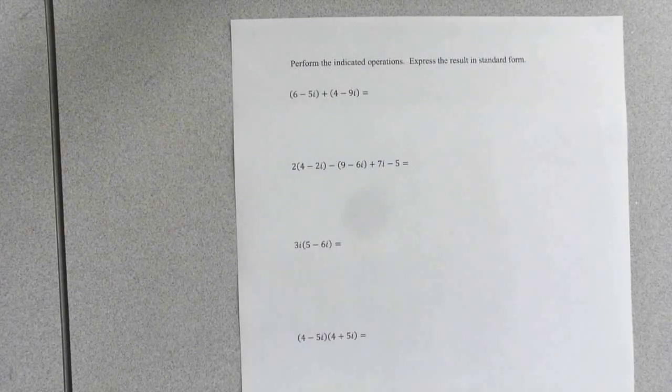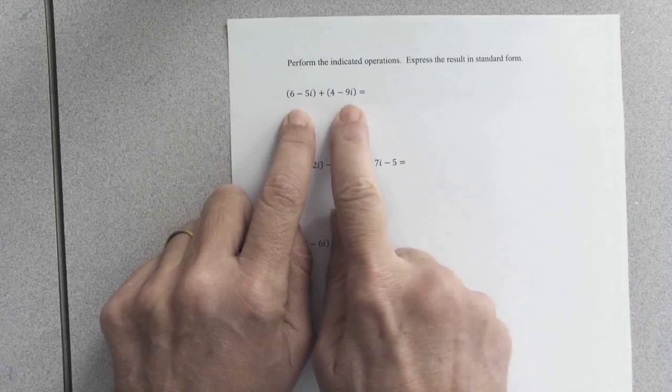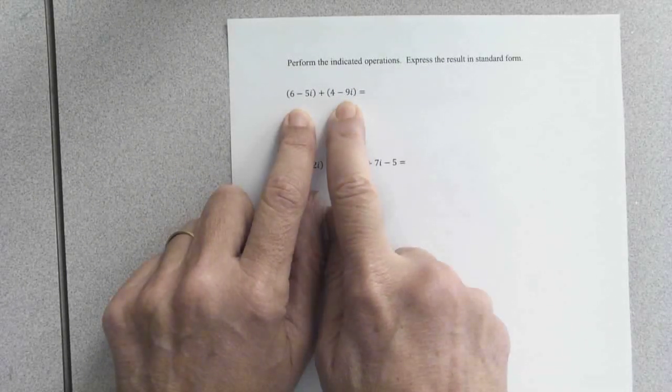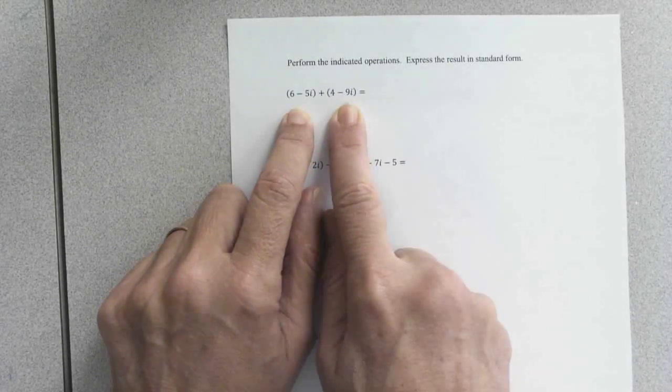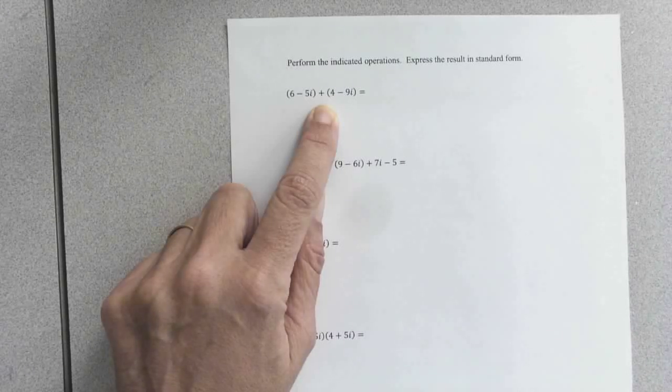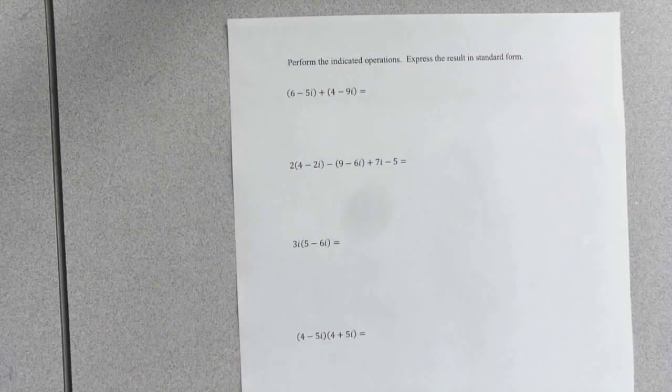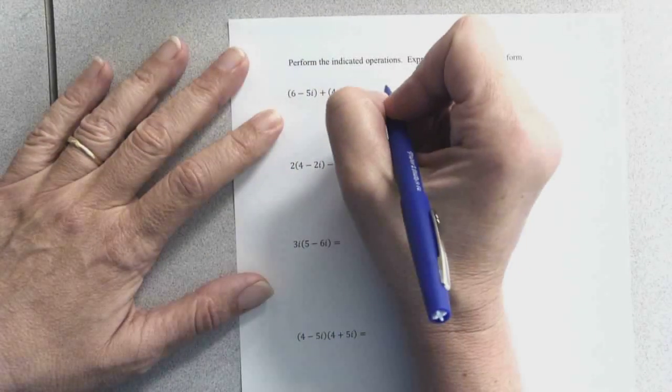And so pretty much you can treat this exactly the same way as you would combining like terms if there was an x there. It's just that the i isn't a variable. It represents a specific thing, square root of -1, but you can treat it just like you would as if it was an x. Now, frequently you will see complex numbers grouped together in parentheses, but since there's a plus sign between these two parentheses, it's not doing anything.